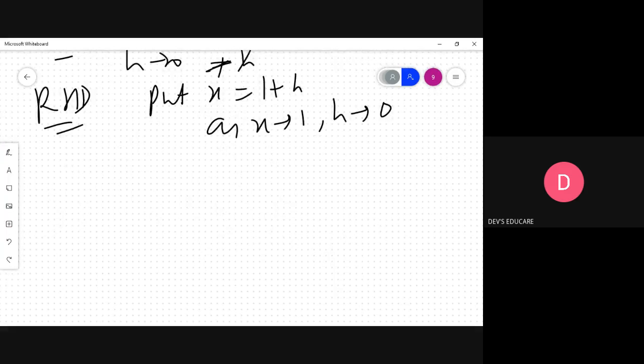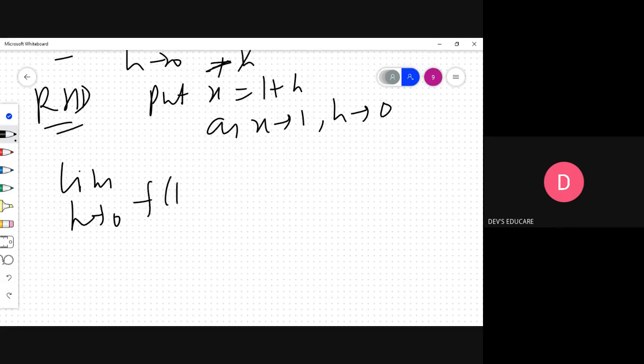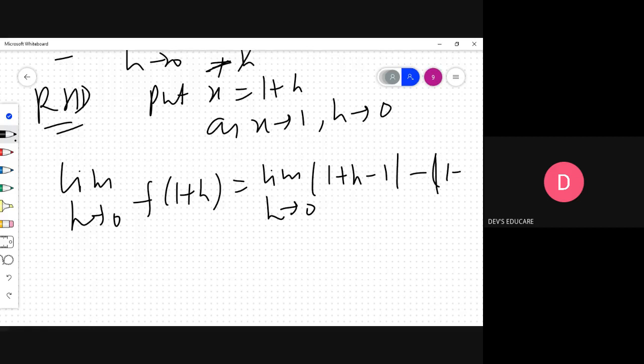So limit h tends to 0, f(1 plus h) minus f(1) upon h, equals limit h tends to 0, mod of 1 plus h minus 1, minus mod of 1 minus 1, upon h. So this is limit h tends to 0, h upon h, which is 1.